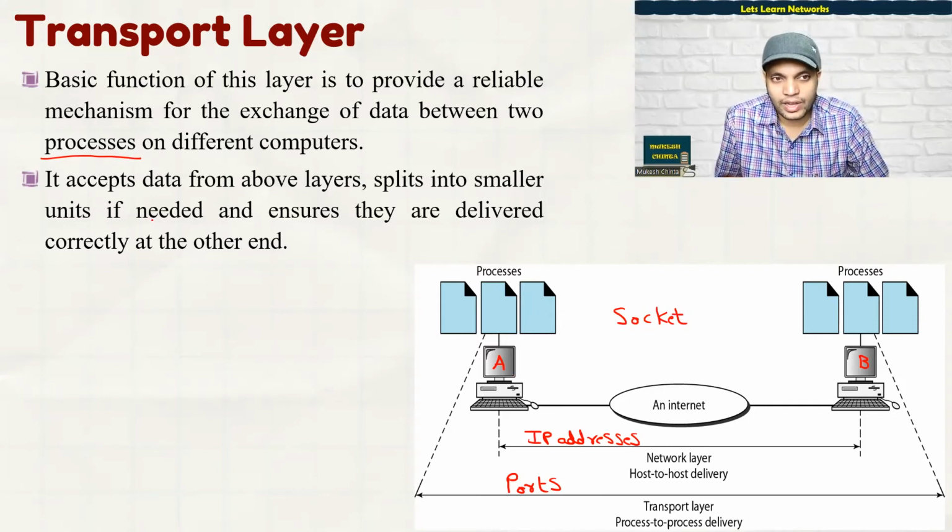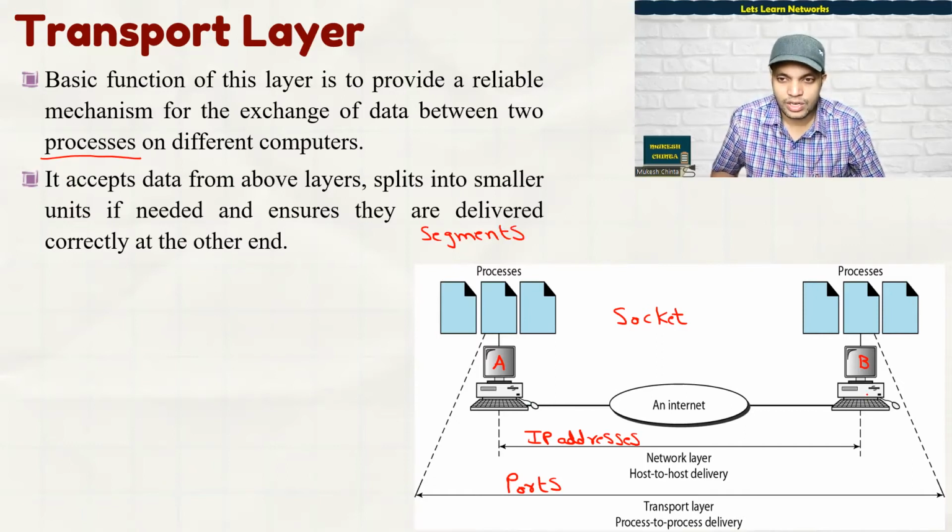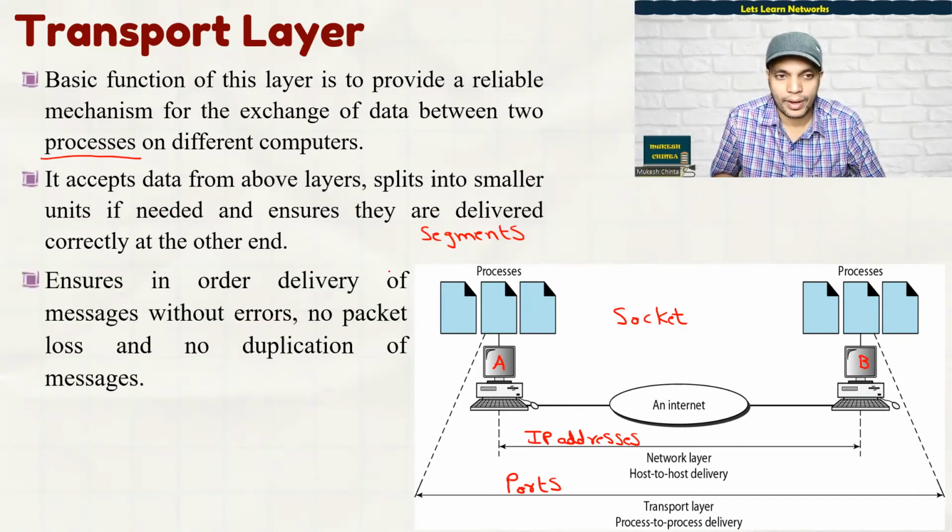So the transport layer accepts the data from the above layers, and if your data does not fit the MTU, it might divide it into smaller pieces, which we call segments. And then they are delivered to the destination, where they are reassembled and passed on to the upper layers.